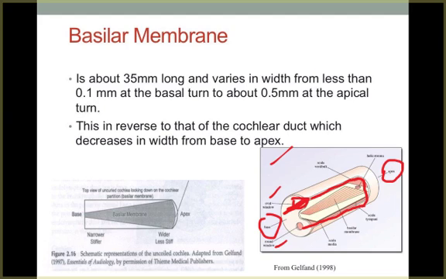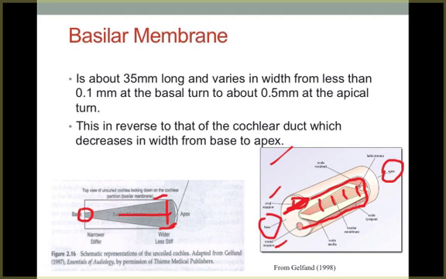So while it's traveling along the length of the inner ear, it stimulates different parts of the cochlear partition on the basilar membrane. And as I said, the basilar membrane is arranged such that it's narrower at the base and it gets wider as you go to the apex.